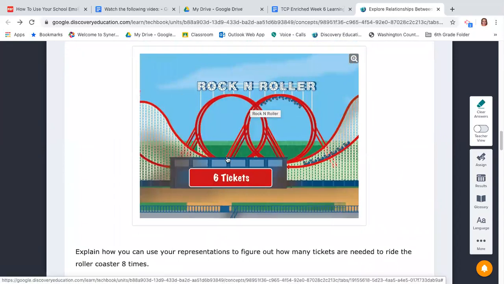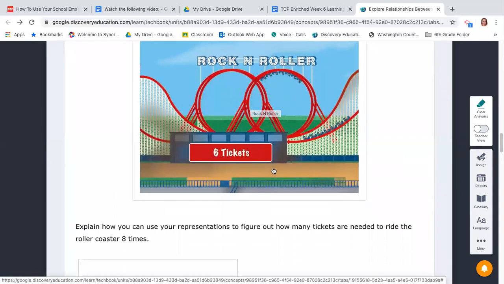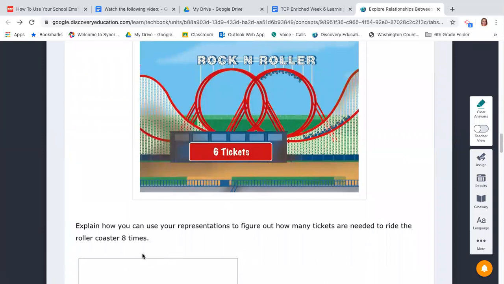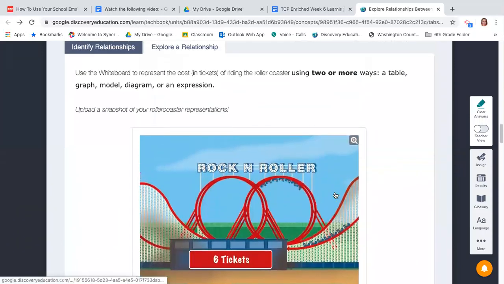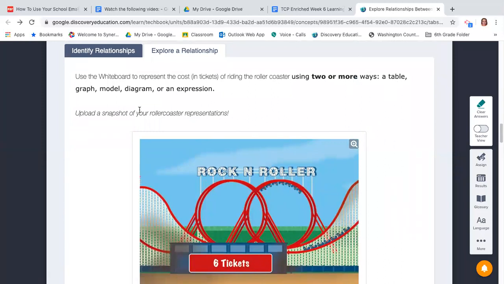You need to tell me exactly how many tickets it would cost for you to ride 8 times. You need to show me this by using the attached files here, using either a table, a graph, a model, a diagram, or an expression, okay?